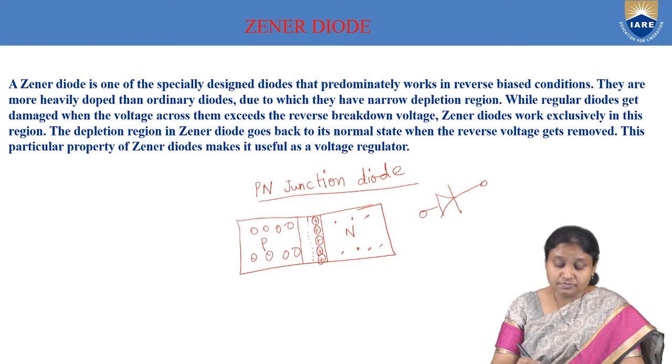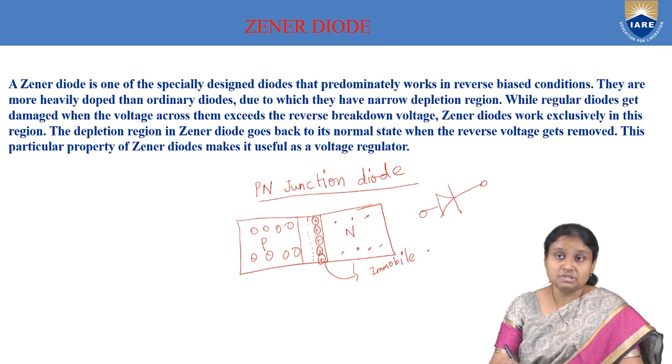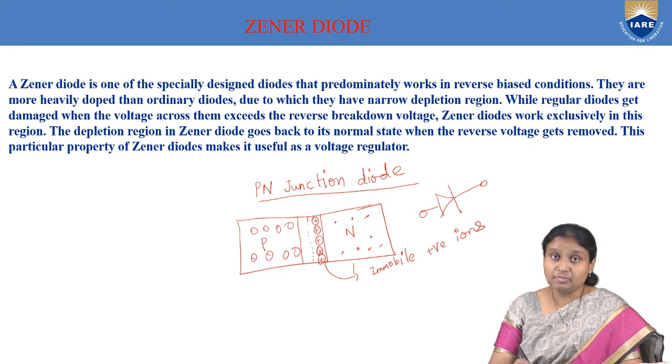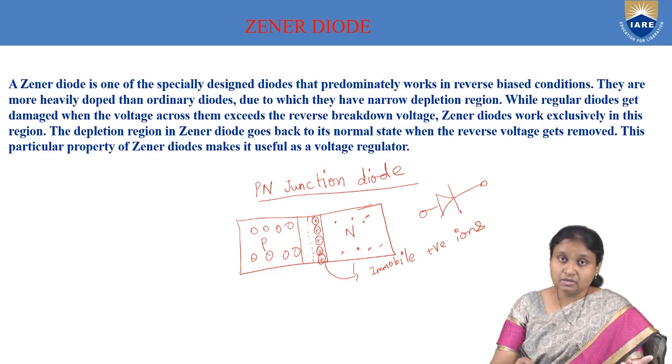We call them immobile positive ions, which do not have any energy. We can also say that these are holes without any energy. Similarly, when electrons from the N side migrate to the P side, they combine with holes there, become neutral, lose their energy, and form negatively charged ions.